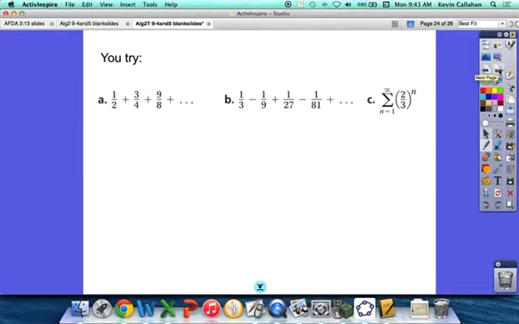Okay, which one of these here would not converge? Because the terms are getting bigger, or you can see that the R is greater than 1. The first one, 1/2, 3/4, 9/8, getting bigger, right? Terms getting bigger.